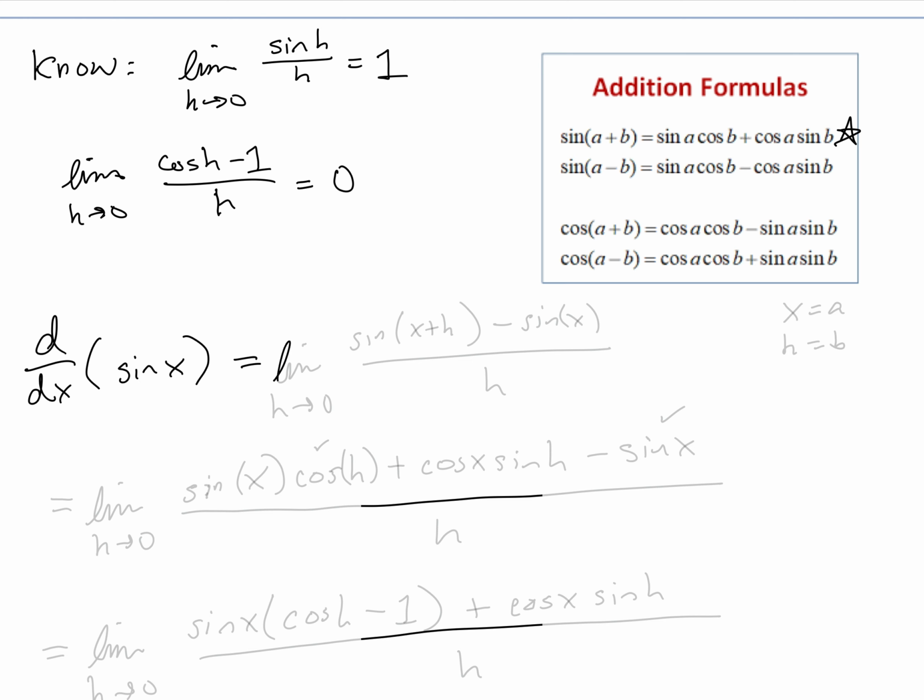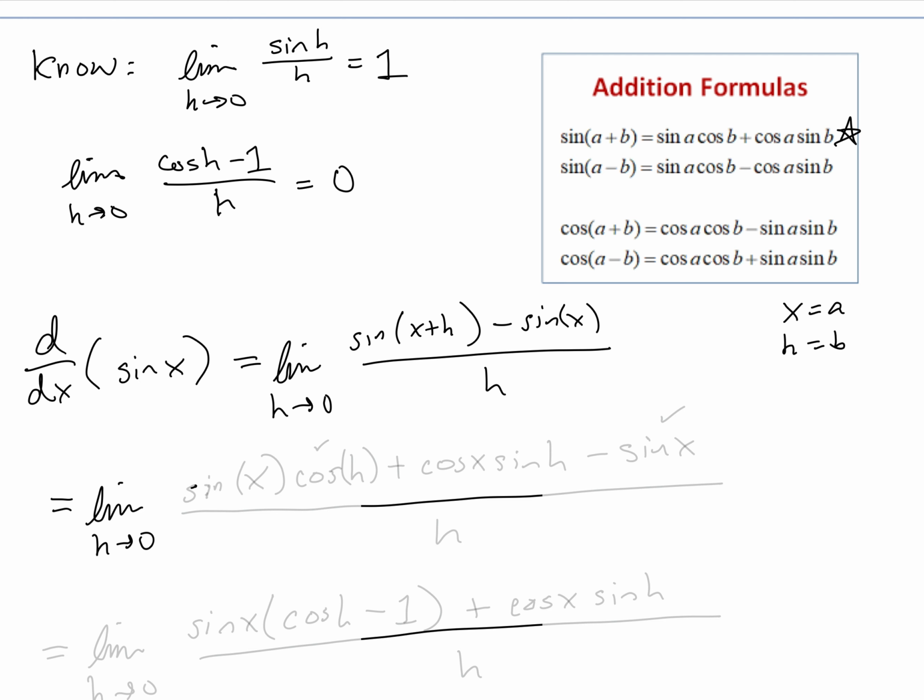So by definition, that's the limit as h goes to 0 of sine of x plus h minus sine of x, all divided by h. Now we're going to use the addition formula to say that that is equal to the limit as h goes to 0. So here x is going to be the a in this formula, h is the b in this formula.